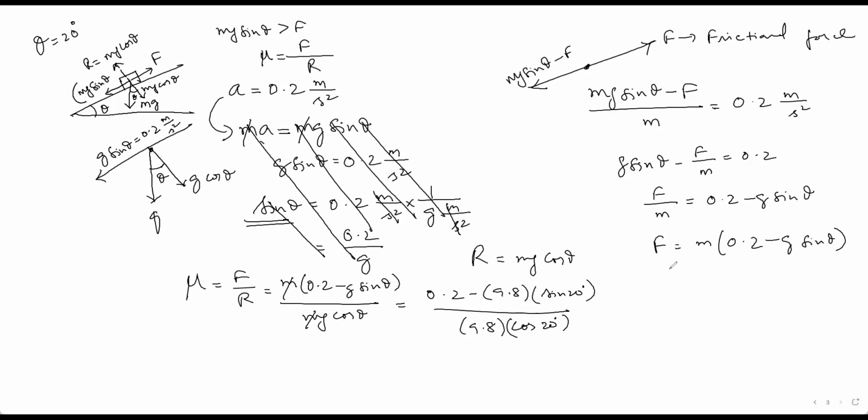Also, you can check it. Here you see the F has to be in units of Newton. Do you get that? Yes. If you take the m multiplied with the inside quantity, this is 0.2 meter per second square, and the m is in kg, minus m, which is in kg, and g has a unit of meter per second square, and sine theta is a unitless quantity. So these multiplications will look like Newton.